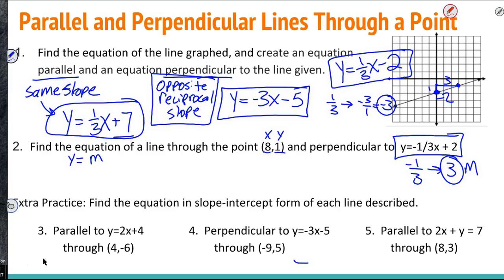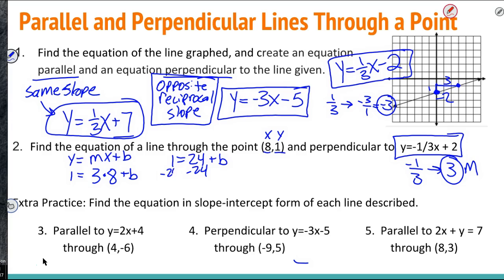I'm going to use y equals mx plus b. Plug in all 3 numbers that are given in the problem. So y is 1 equals m is 3 times x is 8 plus b. This comes out to be 1 equals 24 plus b.